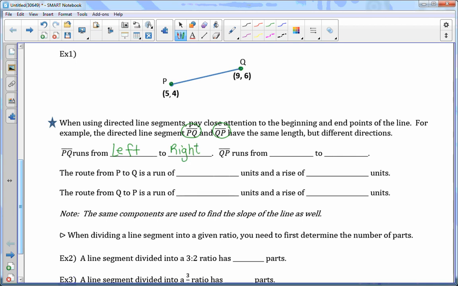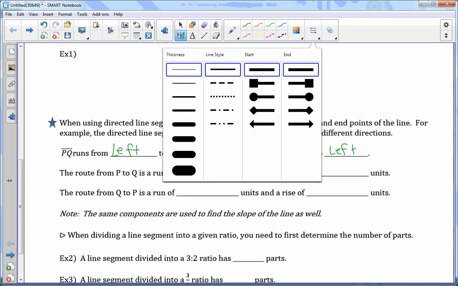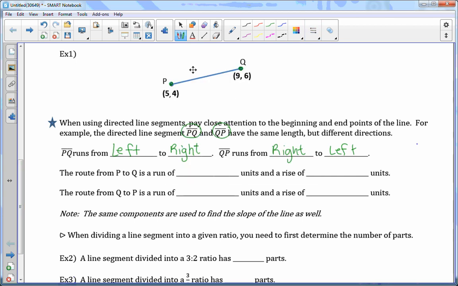Versus QP starts on Q, so we're starting on what side? The right, and you're moving left. So you need to be paying attention to the letters, and the order of the letters, because it does tell you.